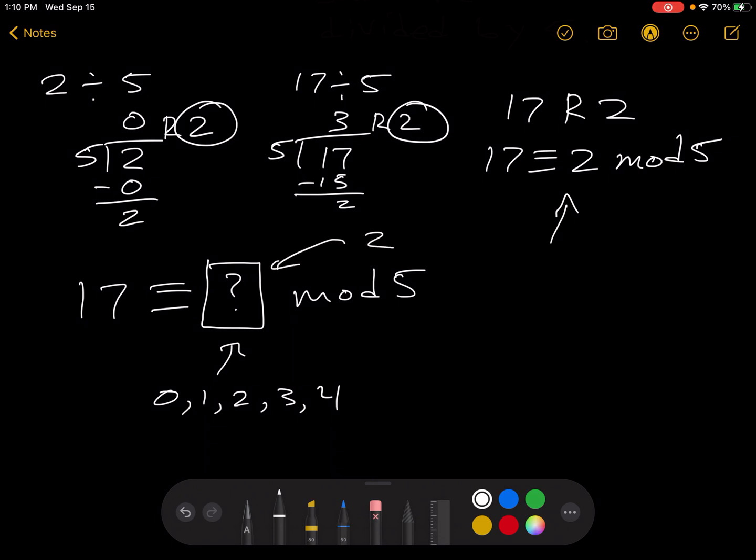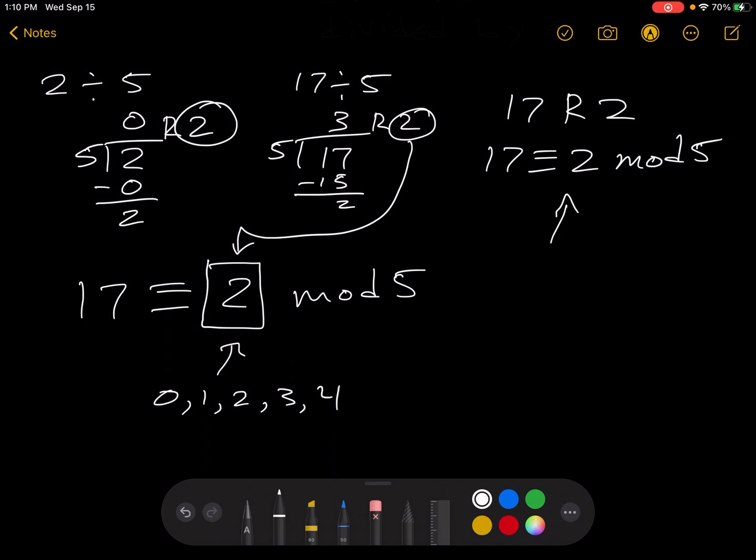But how would you figure this out if you didn't know that? Well, you divide 17 by 5, you get a remainder of 2, and that answer just goes right there. So 17 is congruent to 2 mod 5, because when you divide 17 by 5, the remainder is 2.